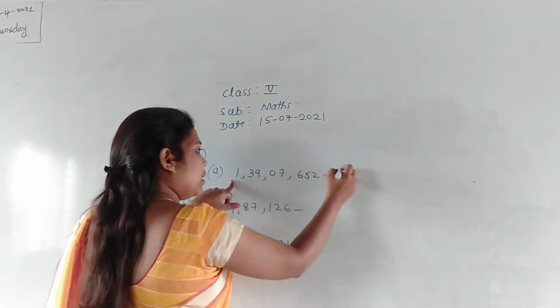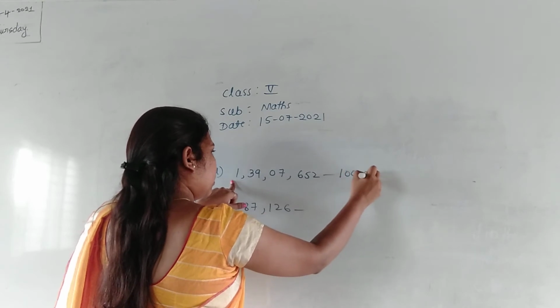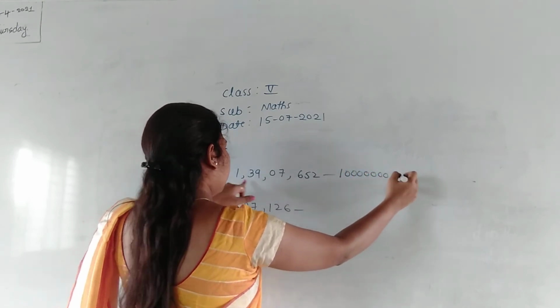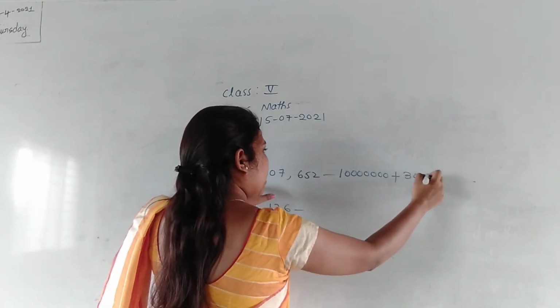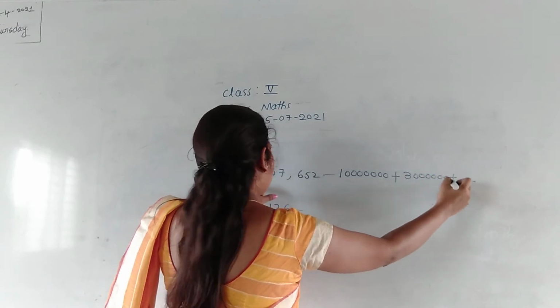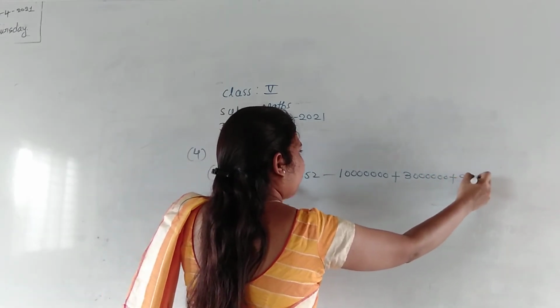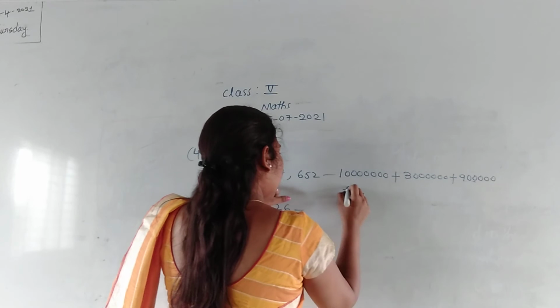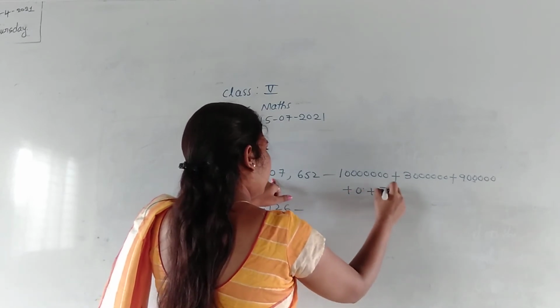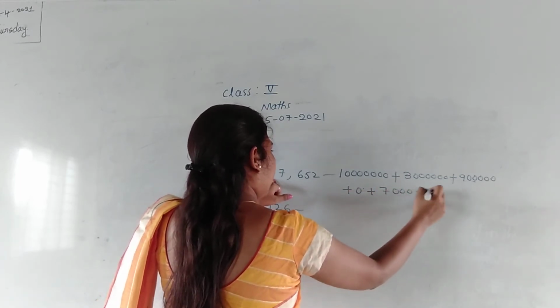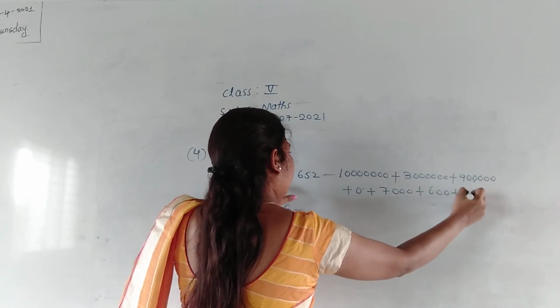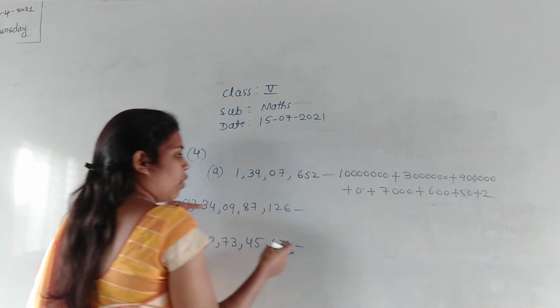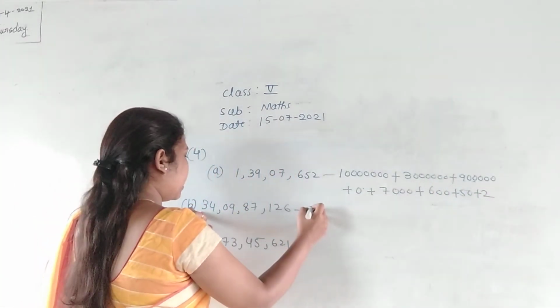Here 1 is 4 means here you have to write the 7 zeros plus 30 lakh means into 6 zeros plus 5 zeros here. Okay, next 0 plus 7,000 plus 600 plus 50 plus 4. This is the expanded form. You already know how to write the expanded form, right?